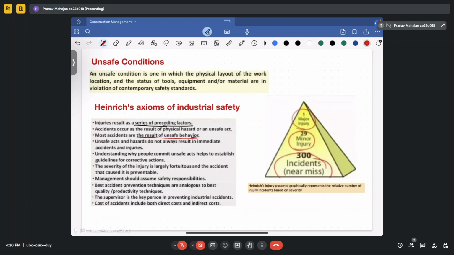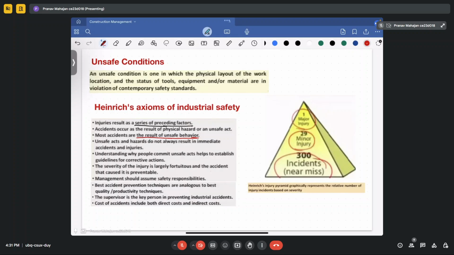If you had worn the helmet at that incident, you might have mitigated the injuries. So unsafe behavior results in accidents, either at site or in the normal life of an individual. Unsafe acts and hazards do not always result in immediate accidents or injuries.